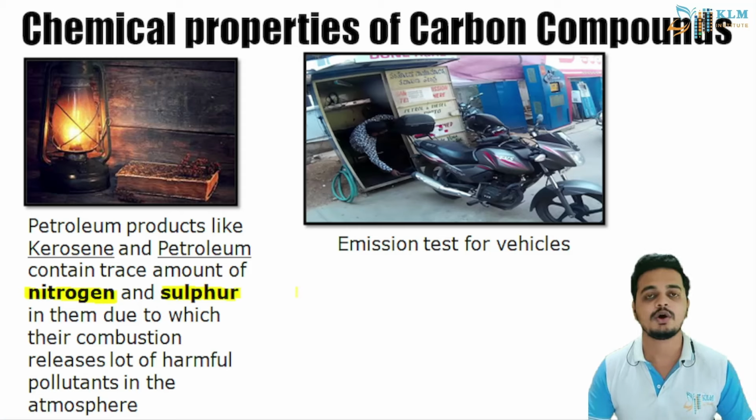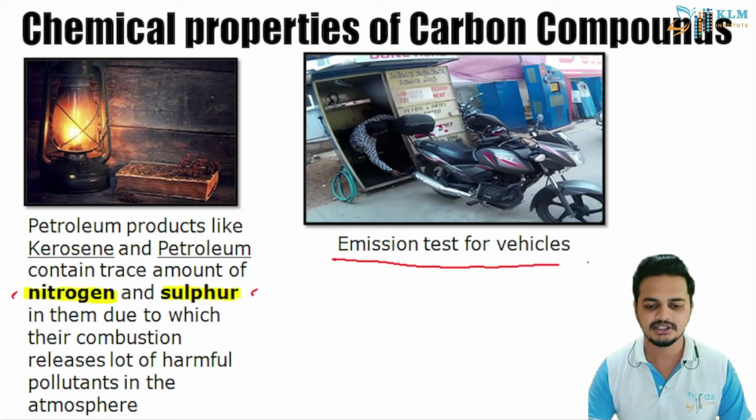It produces oxides of nitrogen and oxides of sulfur. You have already studied that oxides of nitrogen and oxides of sulfur are very harmful, and they cause acid rain in nature. That's why we need emission tests.